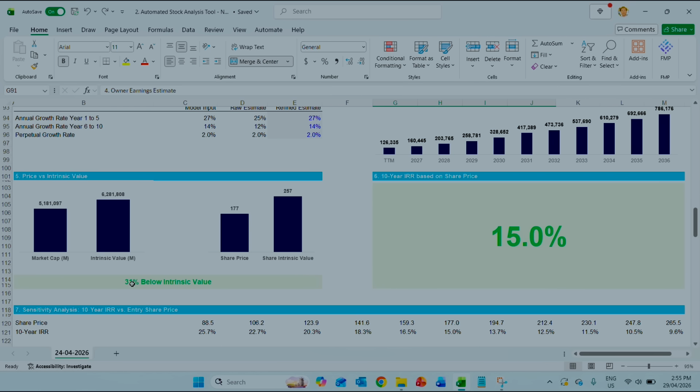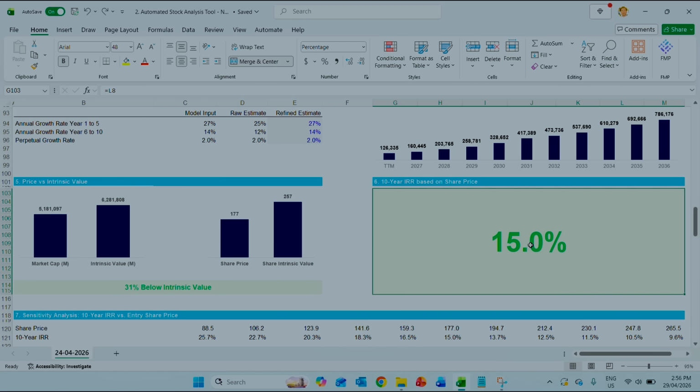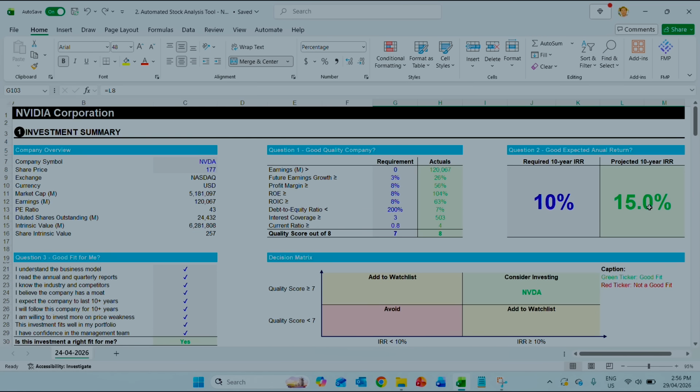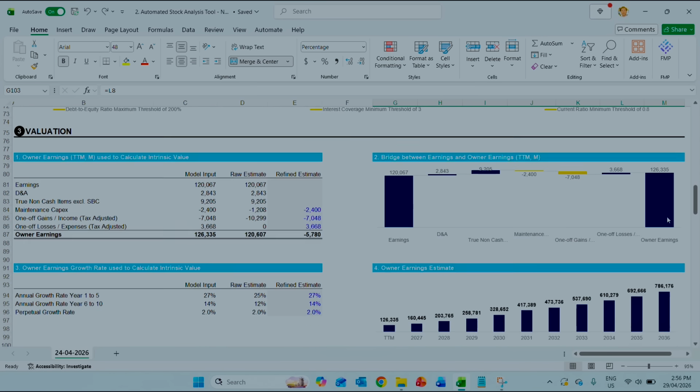So I like to see that, and to be more precise, the price is 31% below intrinsic value, based on our assumptions, of course. And as a result, the 10-year annual return based on the current share price, or on the share price of $177, is 15%. Okay, which is the number we had in our investment summary.